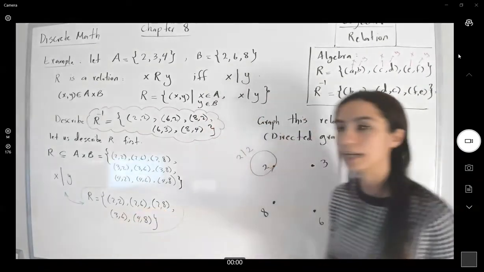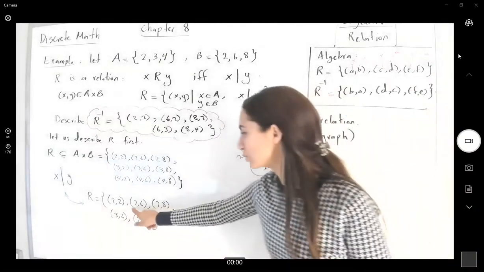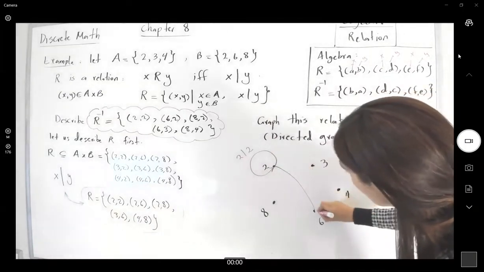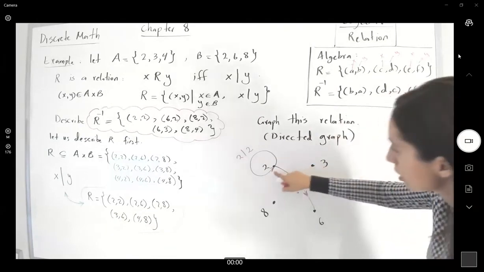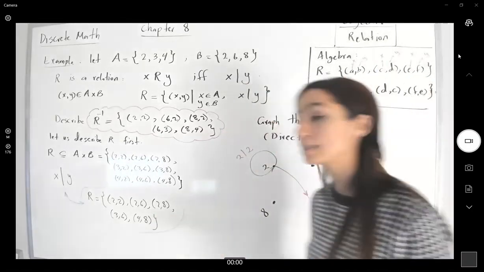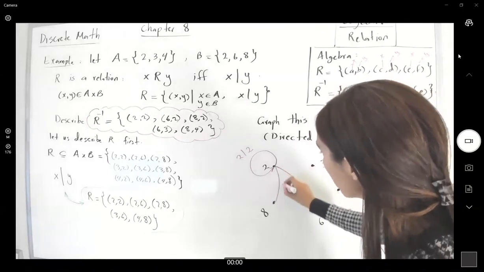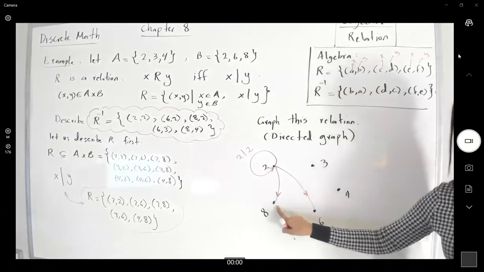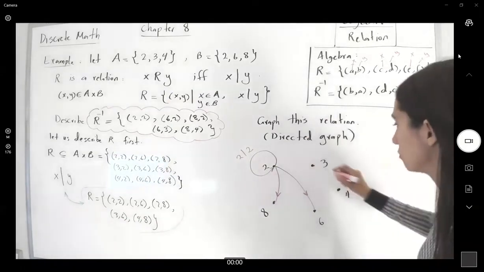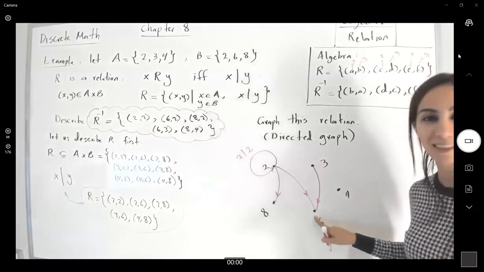2 is related to 6, but note that 6 is not related to 2. 2 is related to 6, so we're going to connect 2 to 6 by an arrow coming from 2 and going to 6. 2 and 8. Well, okay. 2 is related to 8. An arrow coming from 2 and ending at 8. 3 is connected to 6. Okay. An arrow coming from 3 and stopping at 6.